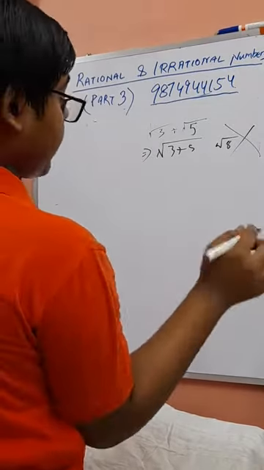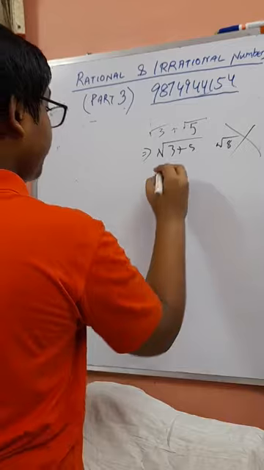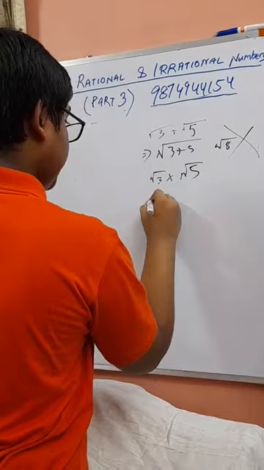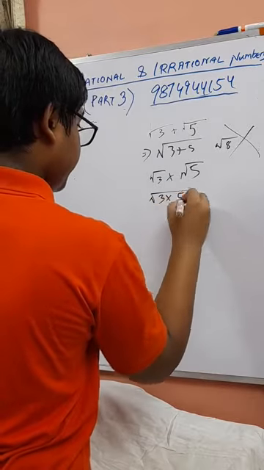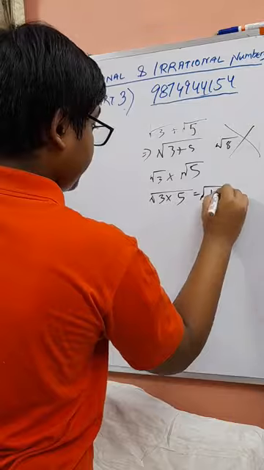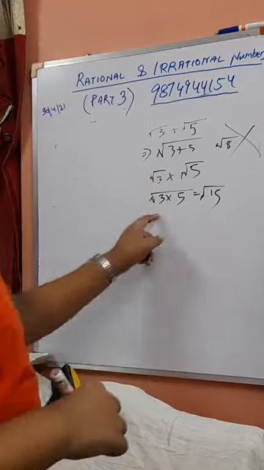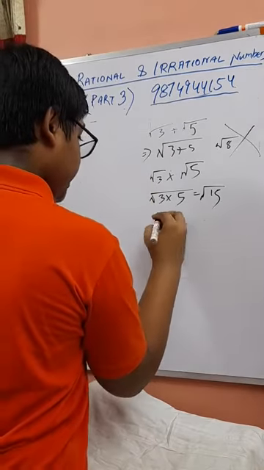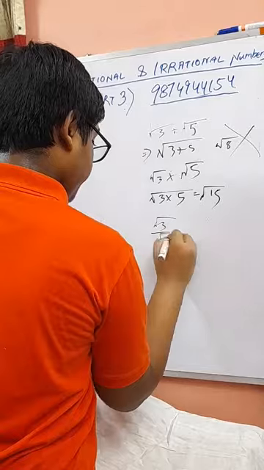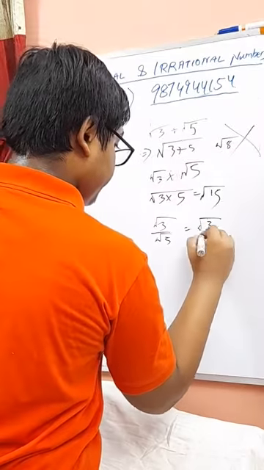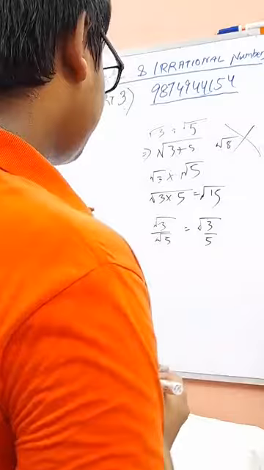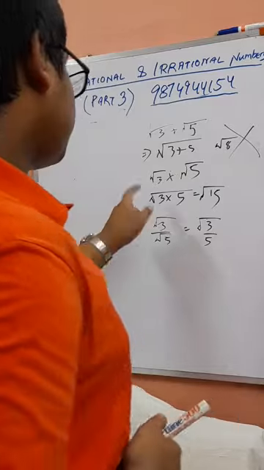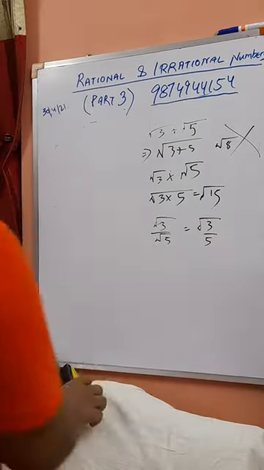It cannot be written in addition or subtraction form. But if it is root 3 into root 5, it can be written as root of 3 into 5, which is root 15. Similarly, for division, root 3 by root 5 gives root of 3 by 5. We can take the whole root at once in multiplication and division format. This was all about surds.